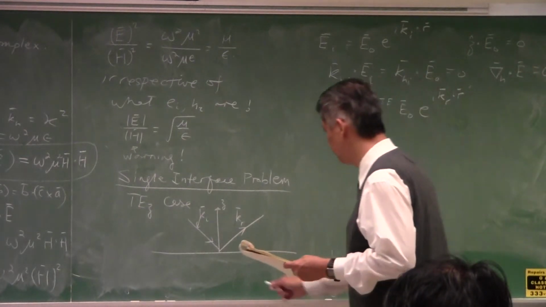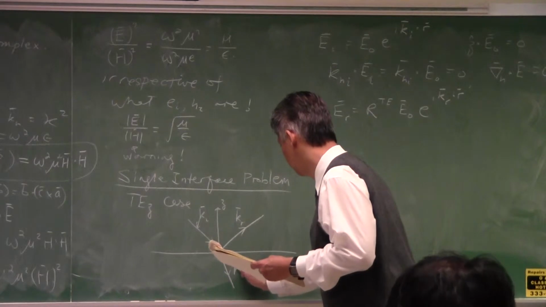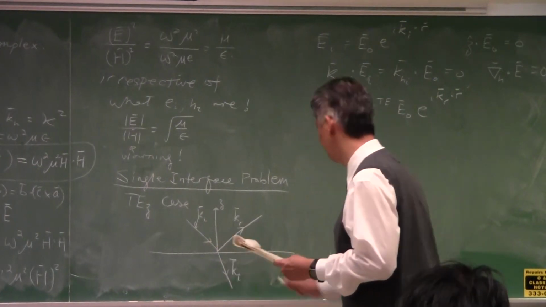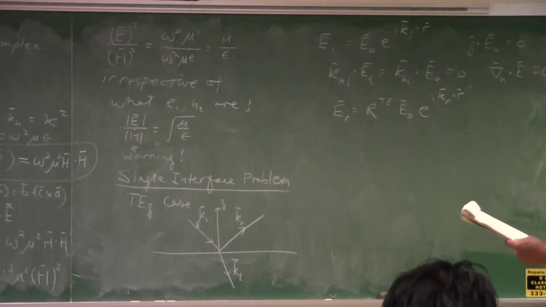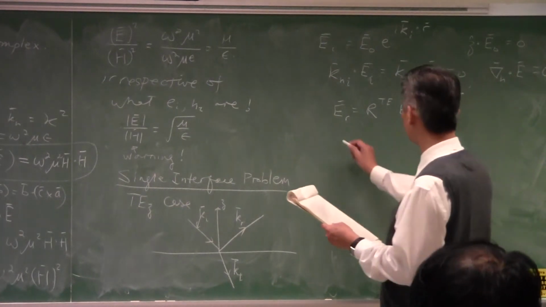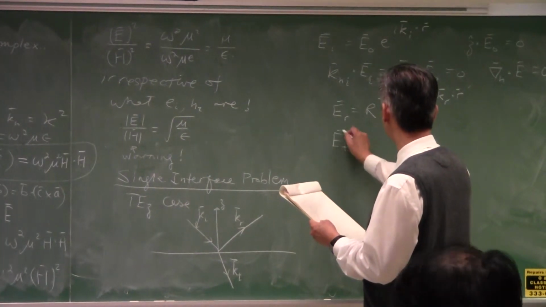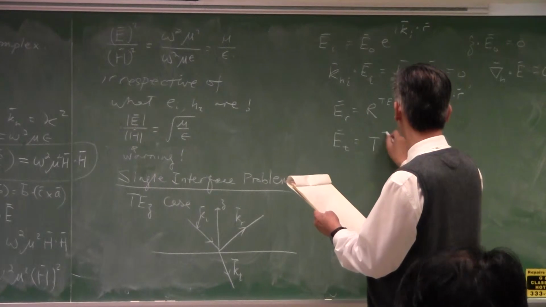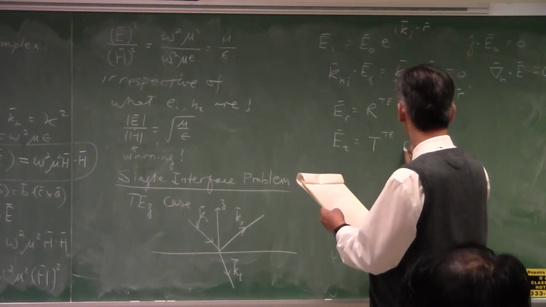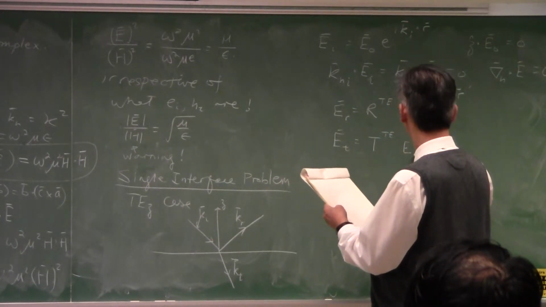And then there will be a transmitted wave, which I say has a vector KT. And then the transmitted wave will have a form ET is equal to T_TE E naught.